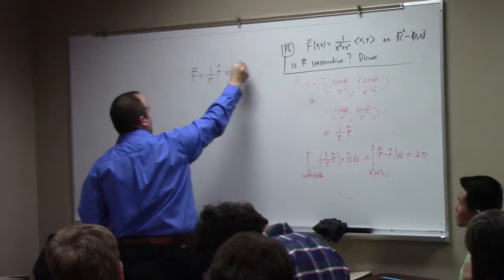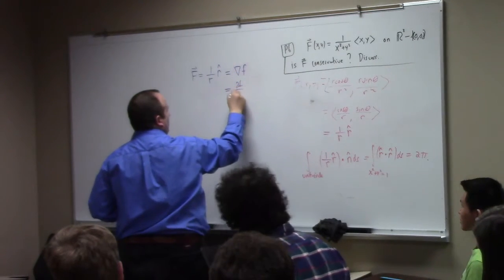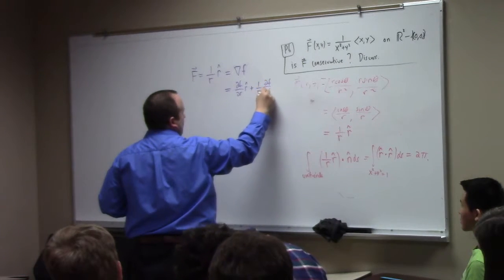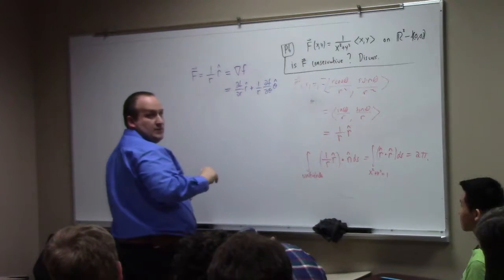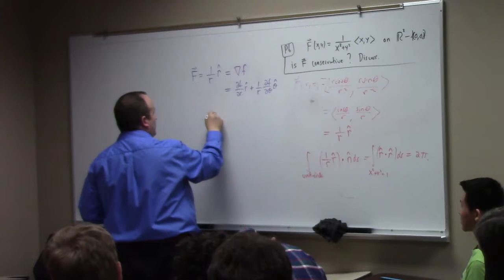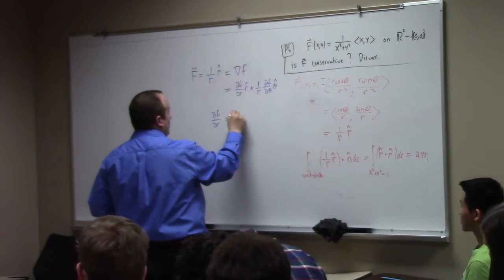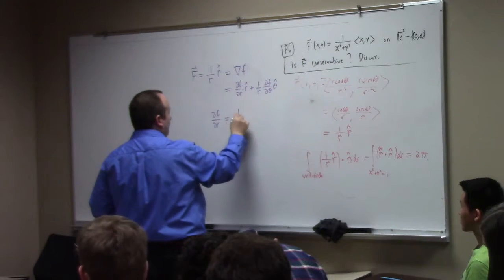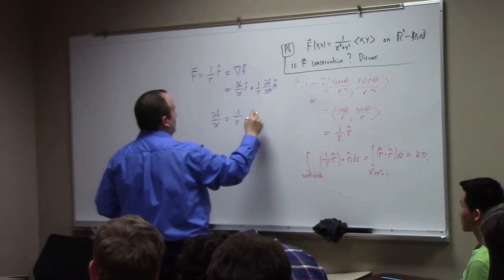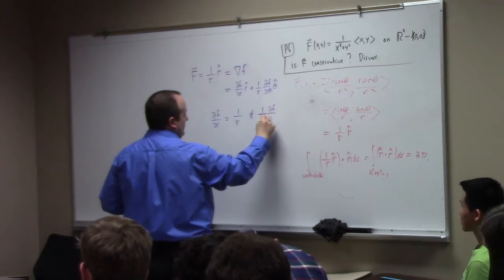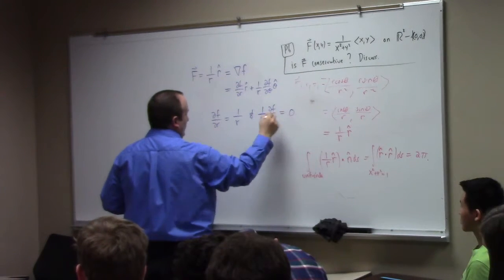Now this, in polar coordinates, what is that? That's partial f, partial r hat, plus 1 over r, partial f, partial theta, theta hat. So this tells us 2 things. We need to solve partial f, partial r equal to 1 over r. And we need to solve 1 over r partial f, partial theta equal to 0.